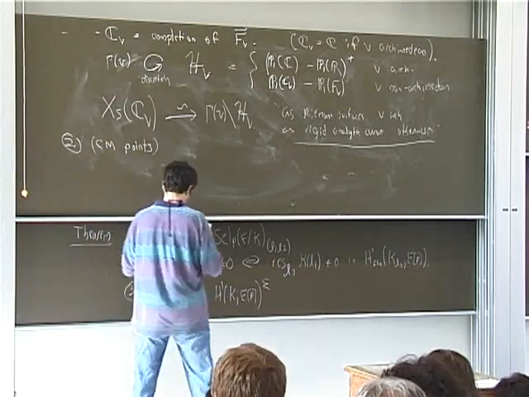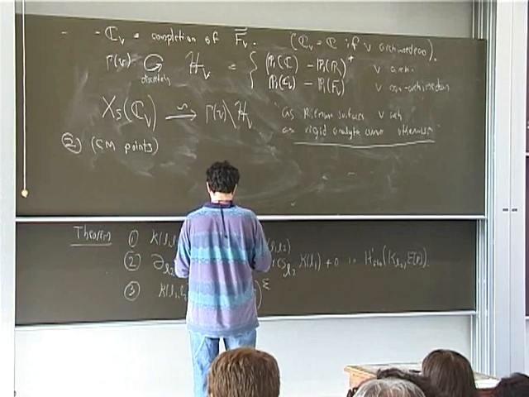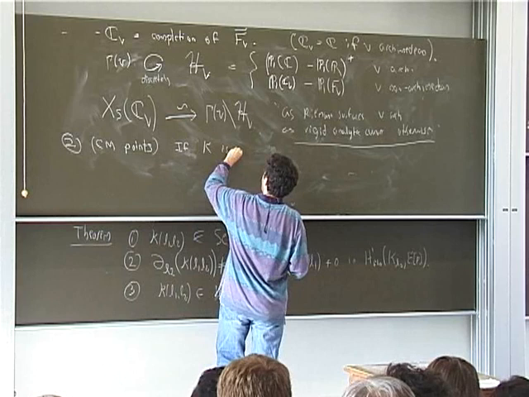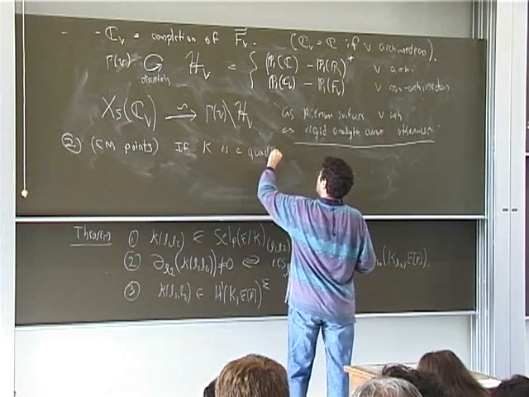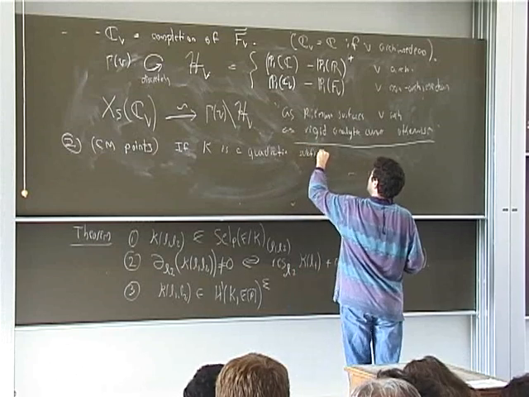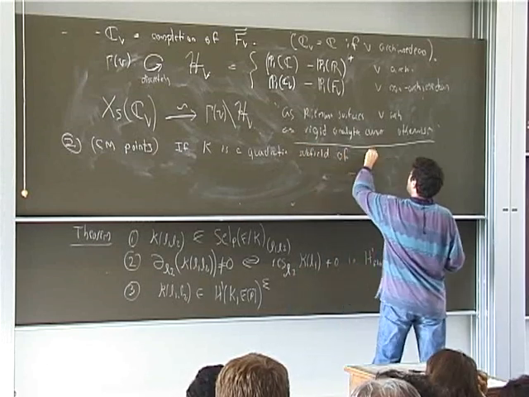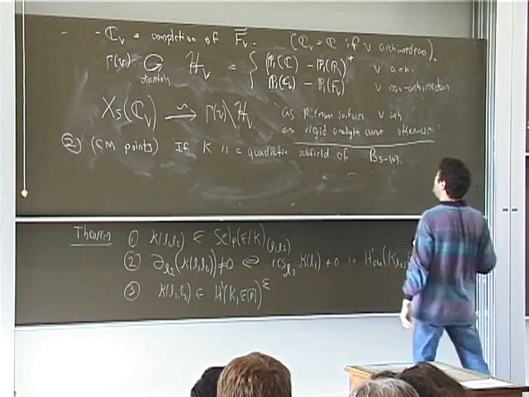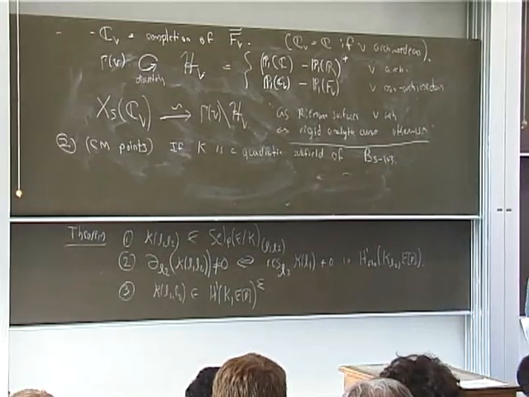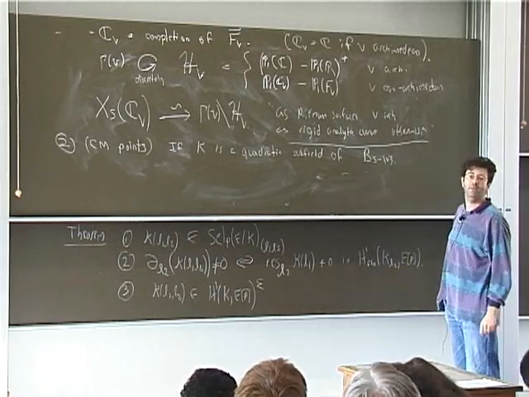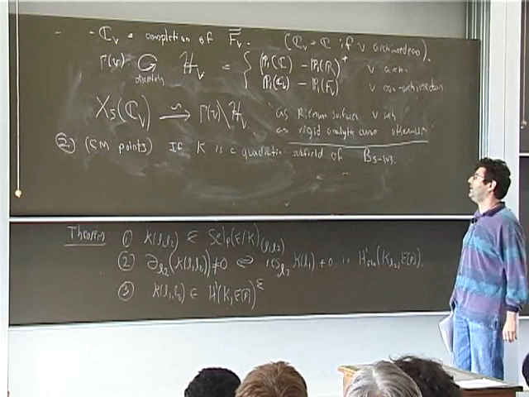Okay, so we have, if K is a quadratic subfield of the quaternion algebra B_{S minus V}. So I take this global quaternion algebra defined over F, and I take a maximal subfield of this thing. It's a quadratic extension of F, right?